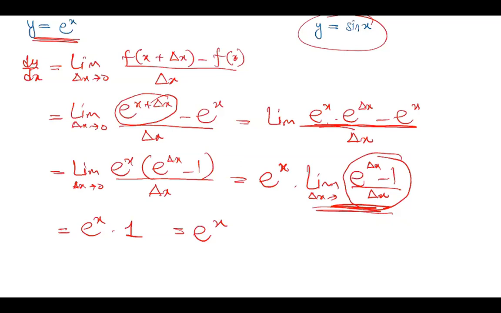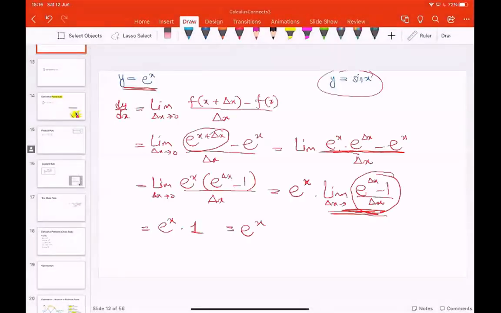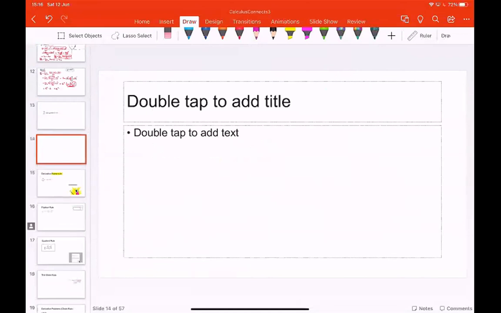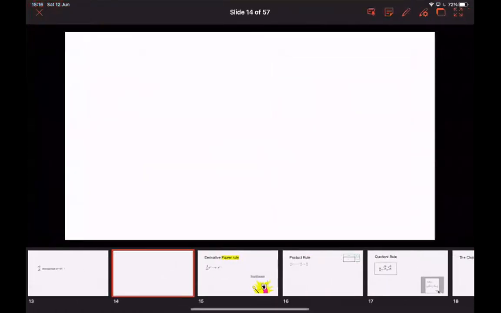Let me do it. Just give me a second. I have to add another slide. So now we have this function y equals sin x.